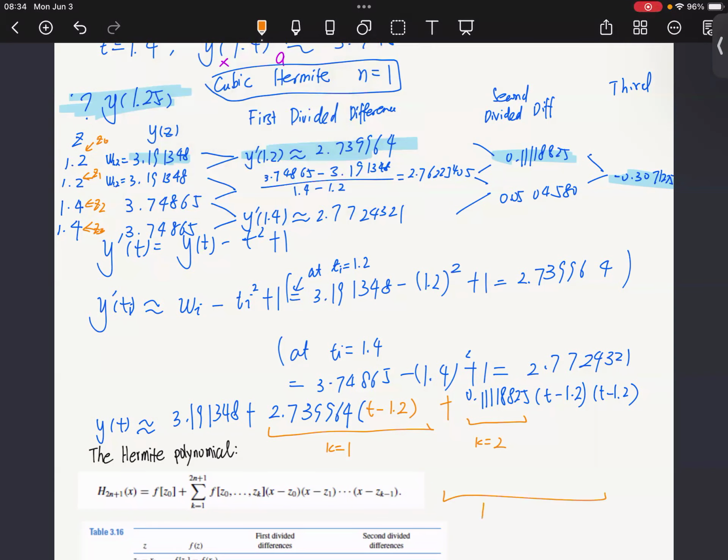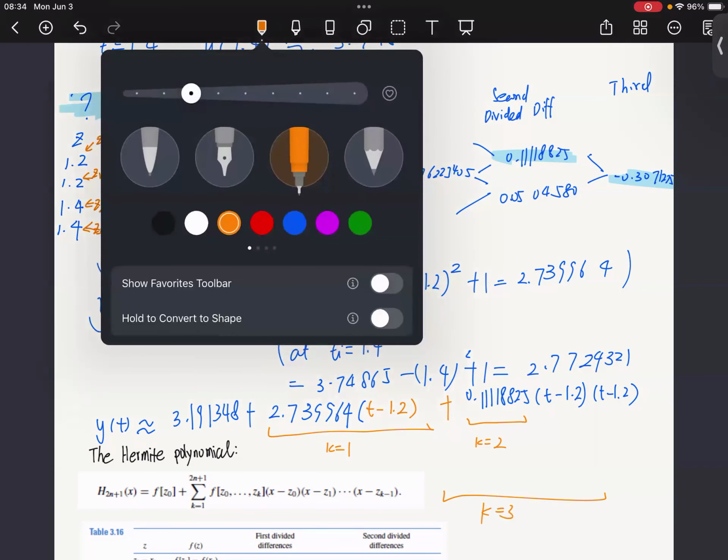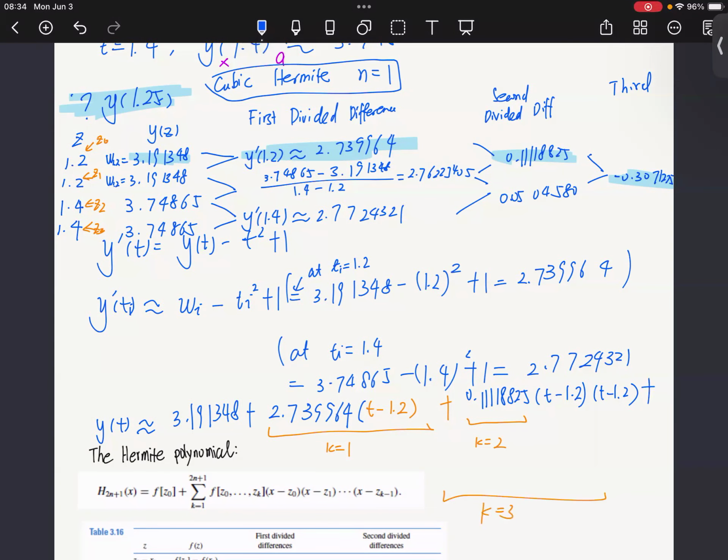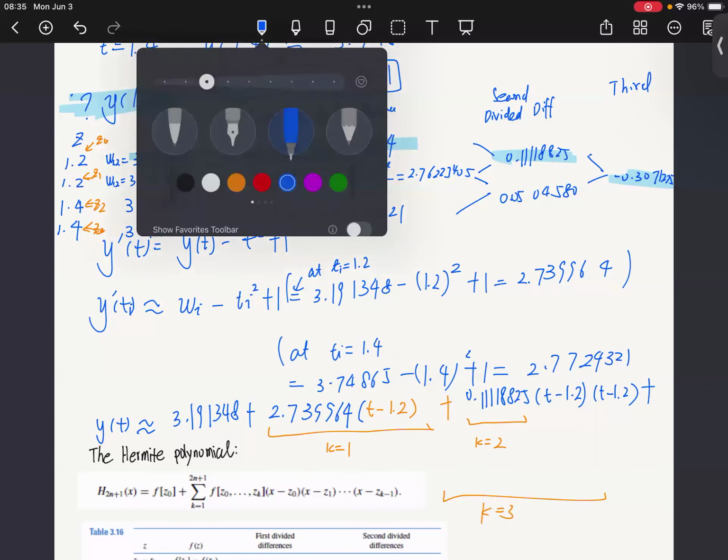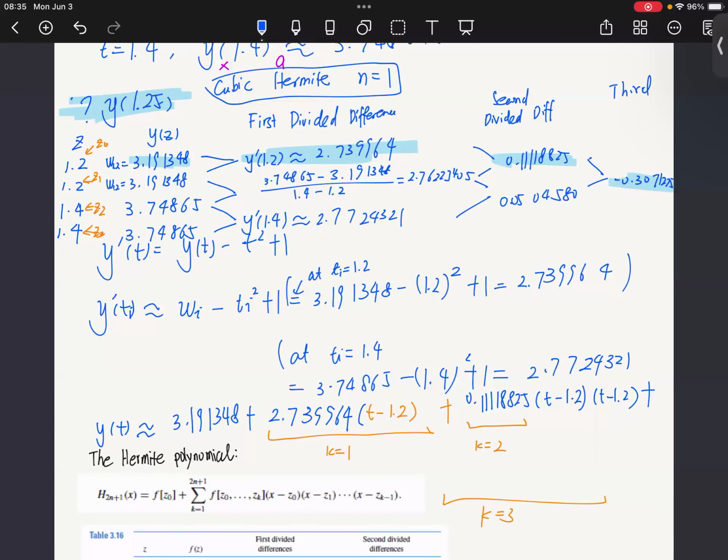And what about k equals 3 here? Then we go to the last column. The last column here is the third divided difference, corresponding to the k equals 3 item. This is the coefficient corresponding to here, and we write down the number. The number we have here is negative 0.3014275.